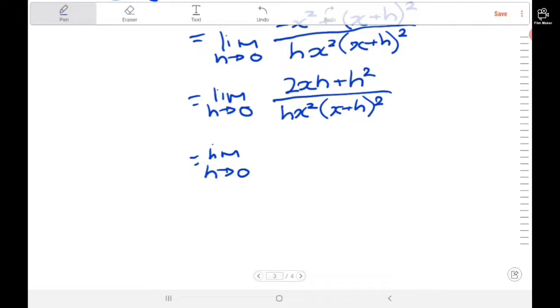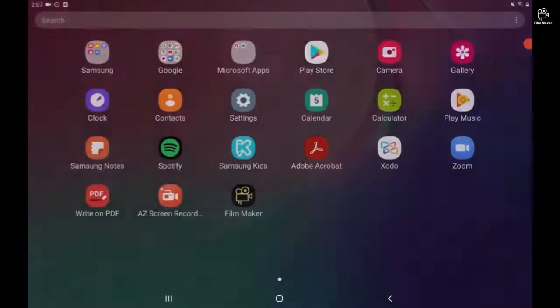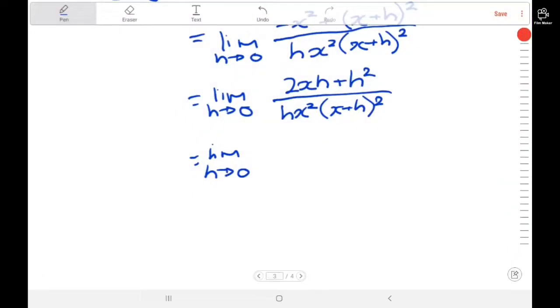And the only thing left that we can do is cancel out a factor of h in both the numerator and the denominator, and we'll be left with 2x plus h divided by x squared, x plus h squared.